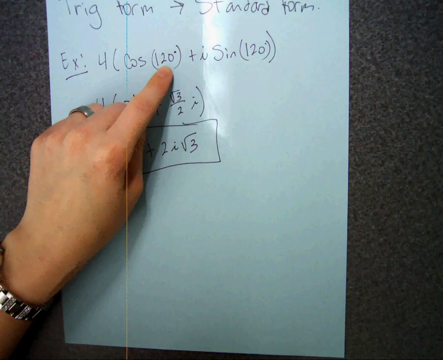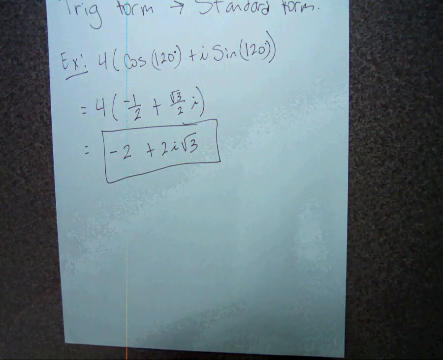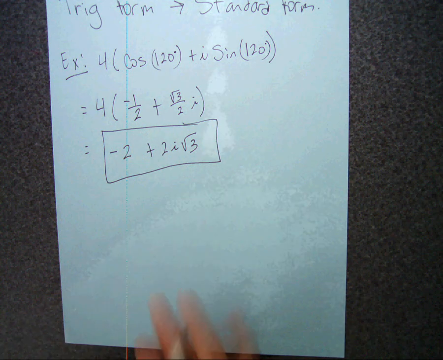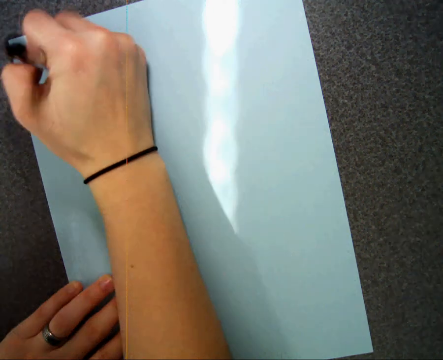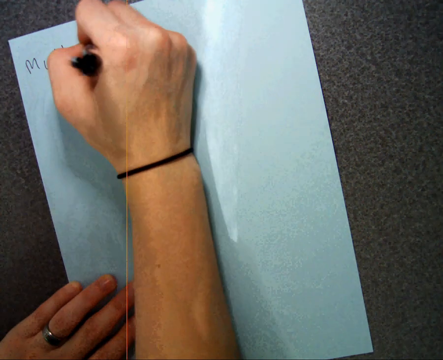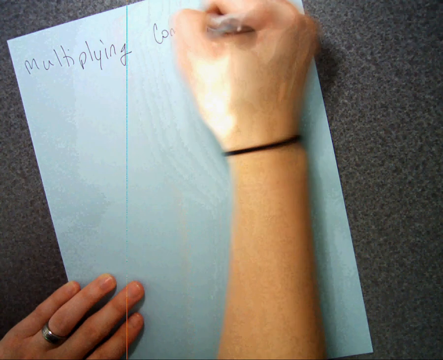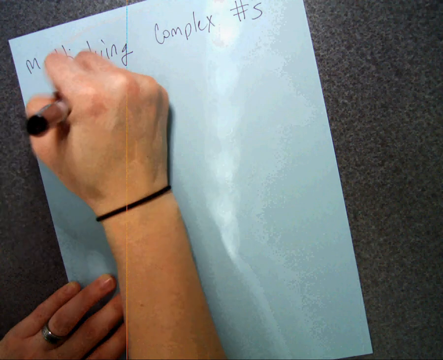All right. Last thing, a little bit of operations with our trigonometric form. So multiplying complex numbers in trigonometric form, very, very simple.